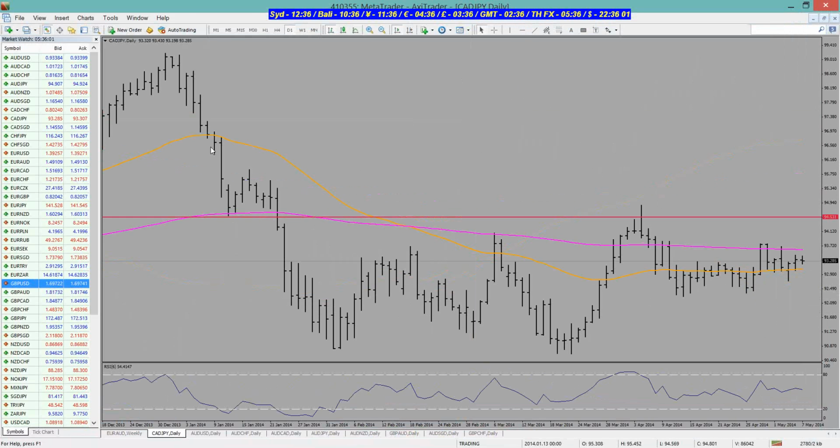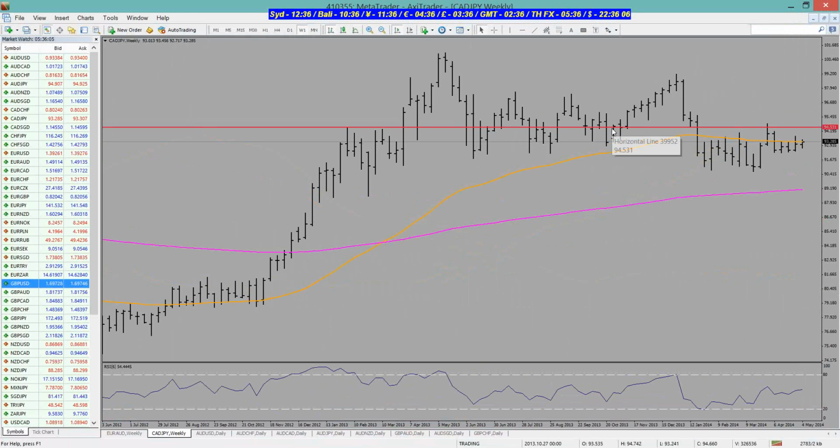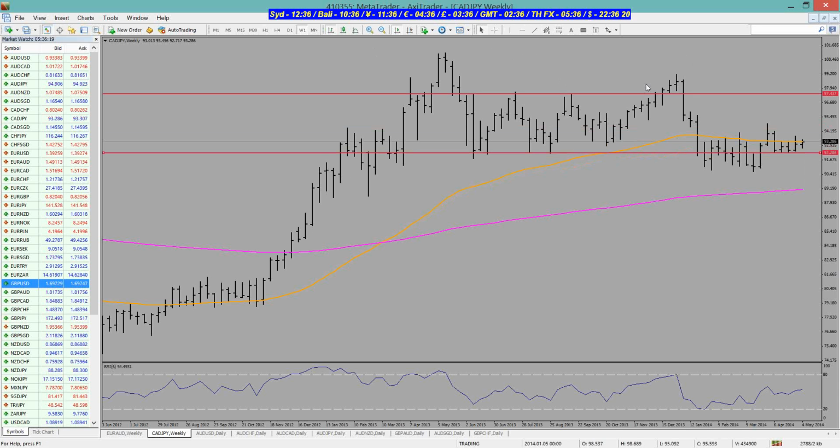Well, I used to think it was in a range. Yeah, I thought that was the bottom end of the range, and this is the top end of the range.